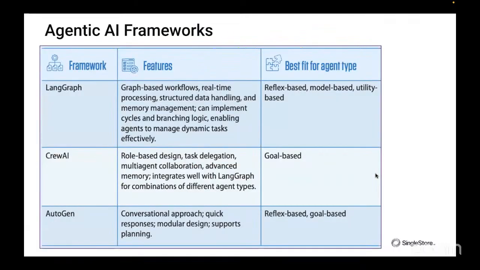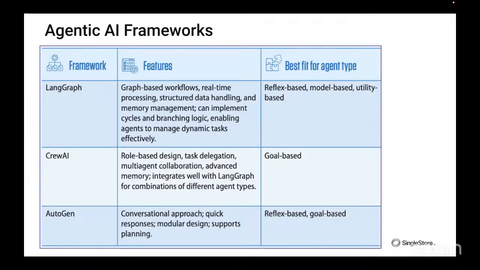So these are some of the agentic AI frameworks. Today we are using LangGraph. There are many other known ones like CrewAI and Autogen. These are some of the features. LangGraph has graph-based workflows, real-time processing, structured data handling, memory management, everything is there.